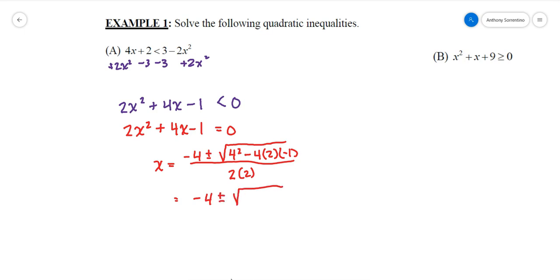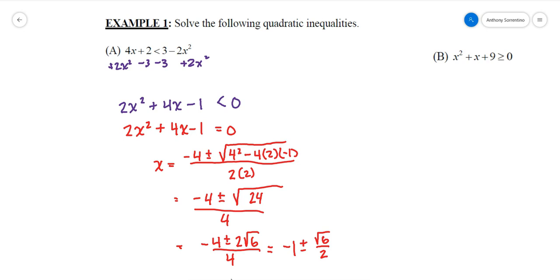I'm going to have 16 plus 8, which is 24, which is going to have negative 4 plus or minus. I can factor a 4 out of there, which gives me a 2 square root of 6 in the long run. And so I could say I have negative 1 plus or minus square root of 6 over 2. Those are my two zeros.